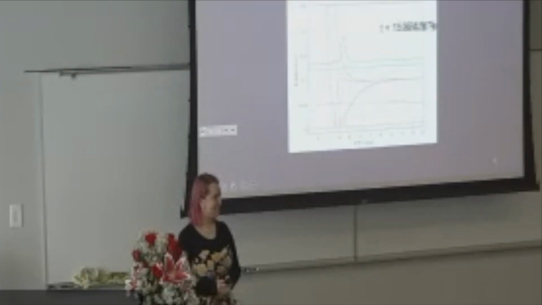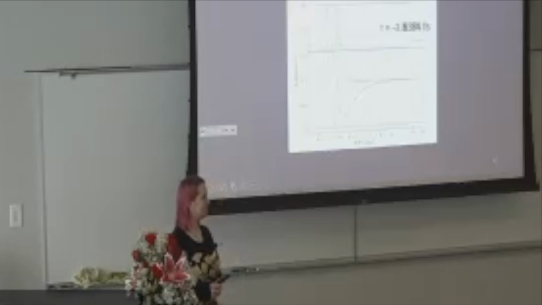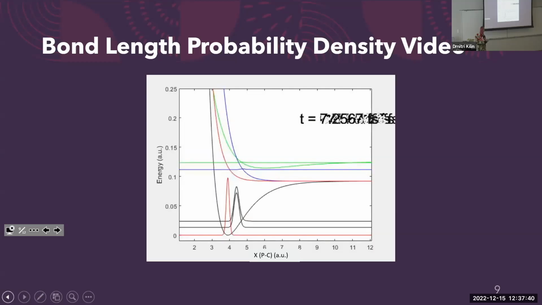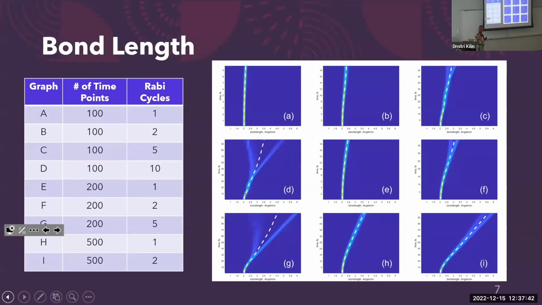Which of your numerical experiments from A to I stores the larger amount of energy in the molecule? I'm just curious.